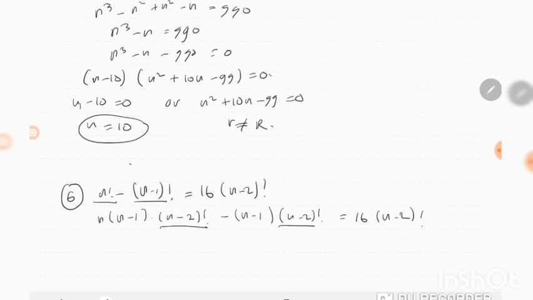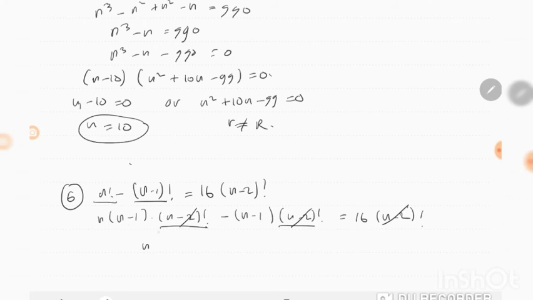Because this is the same, you can cancel out n minus 2 factorial.